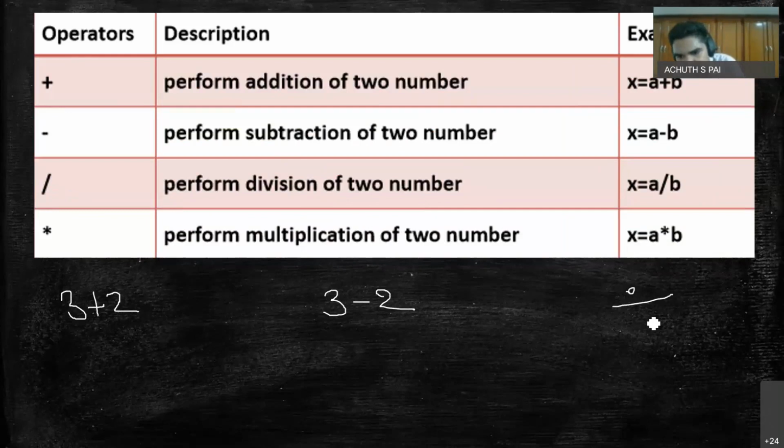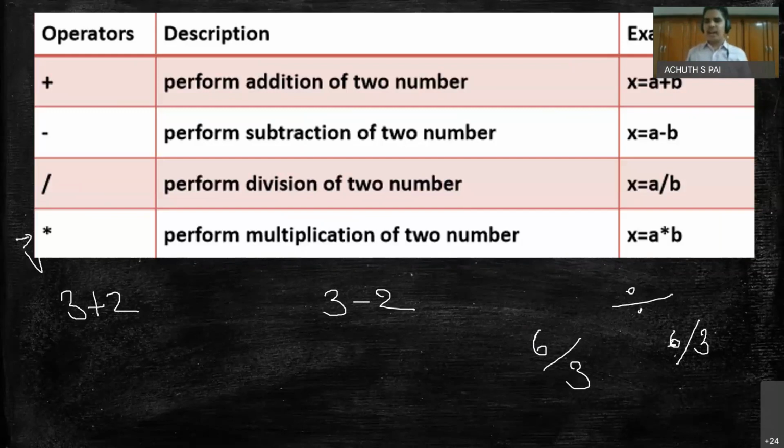Usually we use this symbol to represent division, but as we don't have that on our keyboard, we use a simple slash. So if you want to divide 6 by 3, you just write 6 slash and then you write the 3. This is how you divide. And similarly, the star is used to multiply.